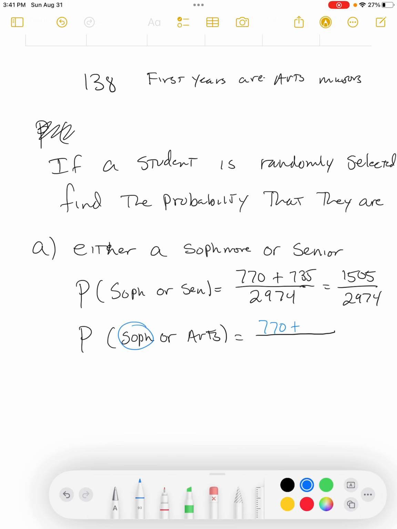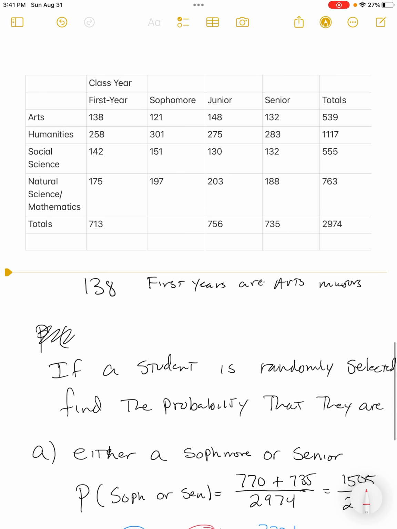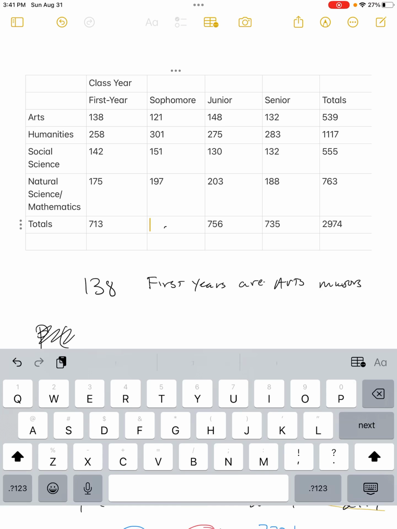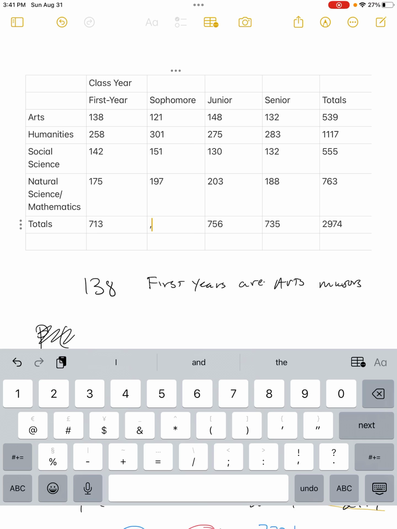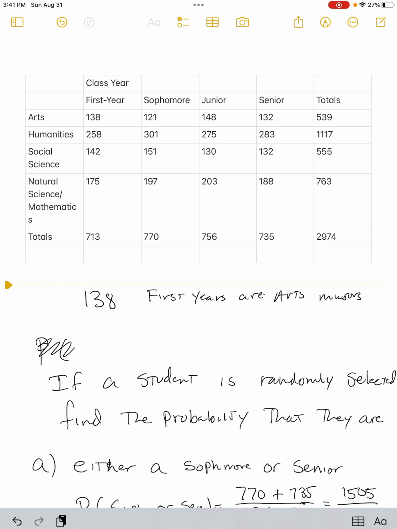Then I realize that the second thing they asked for is arts majors. So I'm up here trying to identify arts majors. Not sure where my 770 went away, but I'll put it back in there. Must have just inadvertently erased over it.